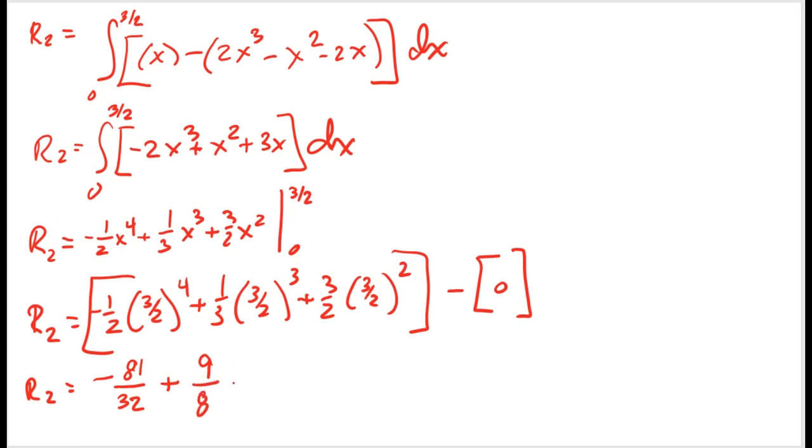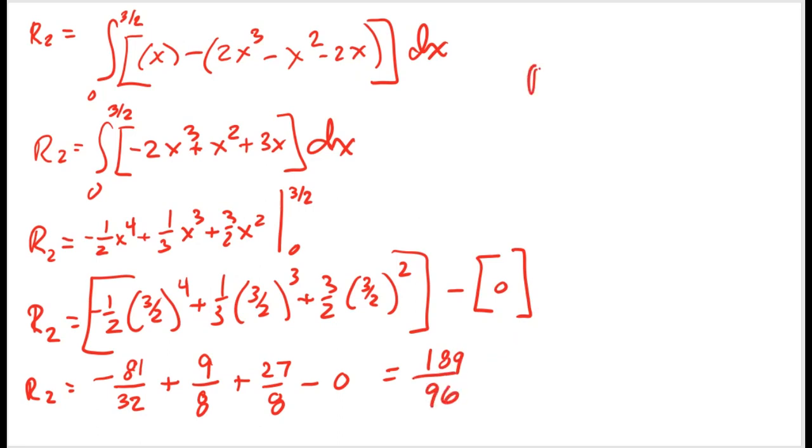Plus 9/8. Plus 27/8 minus 0. So now we want to just combine all the like terms. And when we do that, we're going to get 189 over 96.